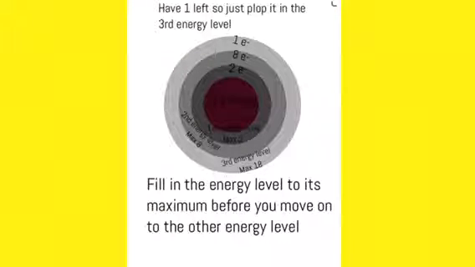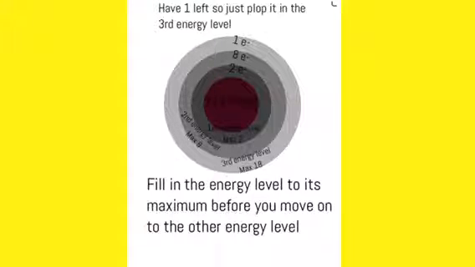And you have to fill in the energy level to its maximum before you move on to the other energy levels. So we filled in the first energy level to its maximum, which is 2. So now we can move on to the higher one, which is the second energy level. And its maximum is 8. So we fill it up to 8 because we have 9 electrons left to fill into the energy level.